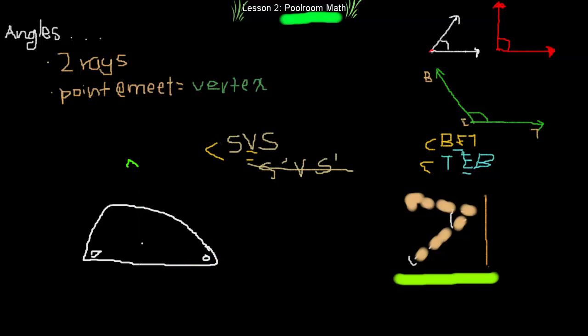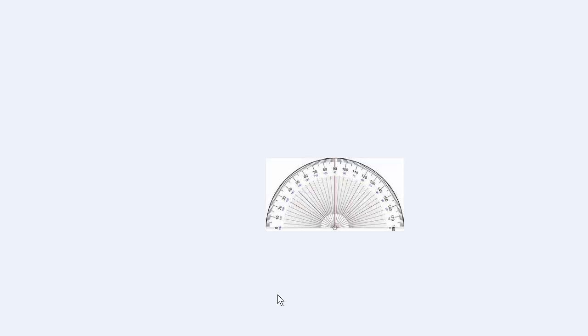So we want to match up this 0 with one of the rays, and then we measure the other ray using the angle measures, or the degree measures. Let me show you an example of that. This is a protractor that I pulled off Wikipedia, and you can see here that it has different angle tick marks, and different tick marks for blue and black.